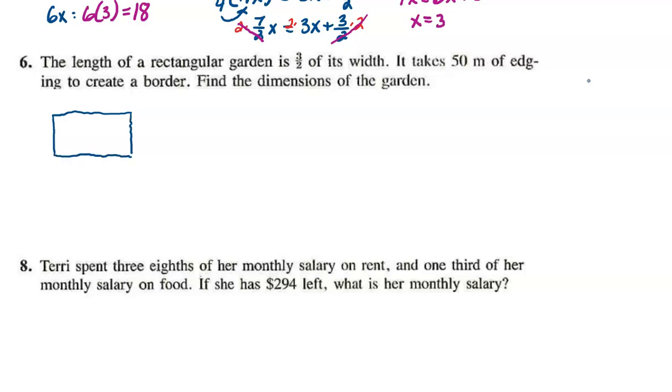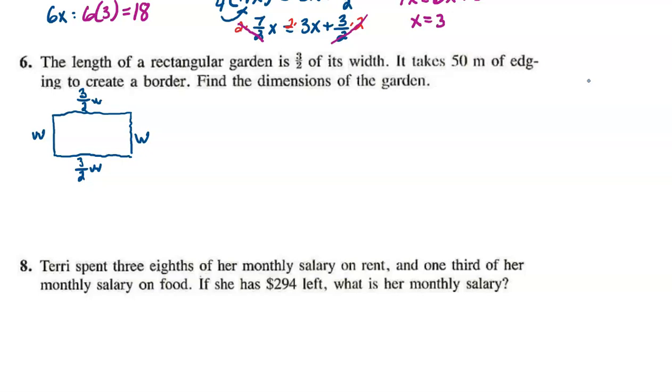Here is a rectangle. We do not know what the width is. You could call it W. We are told that the length is 3/2 of its width. So on the long edge, you can write 3/2 W. This problem talks about going around the outside with a border.